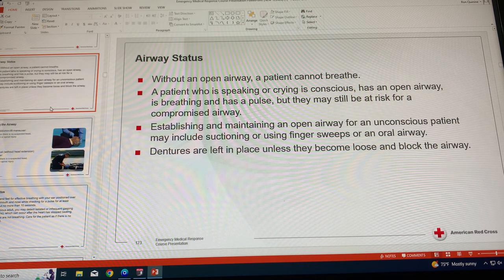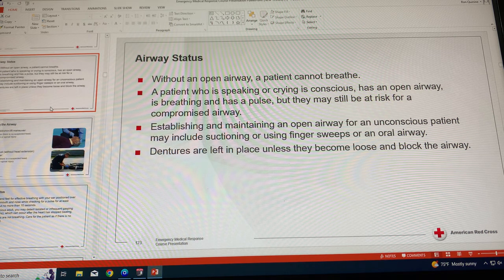The airway can become blocked by fluids, solid objects, the tongue, or swollen tissue caused by trauma or severe allergic reaction. Determine whether there is a need for any interventions to establish or maintain patency.